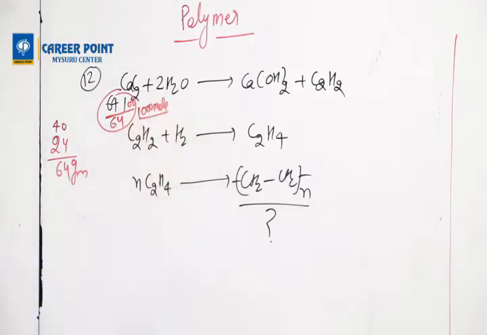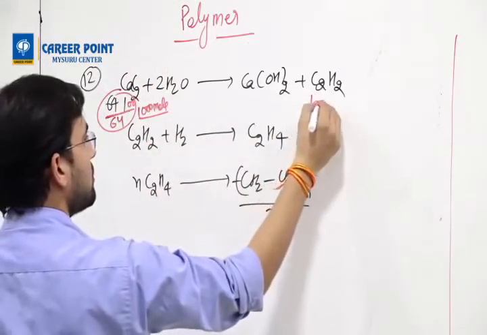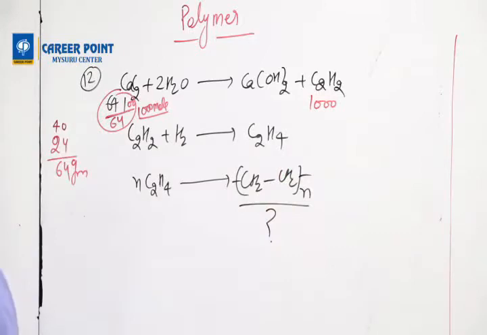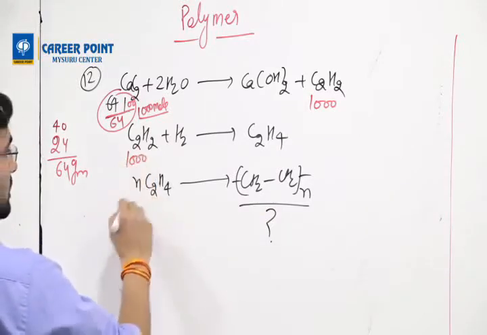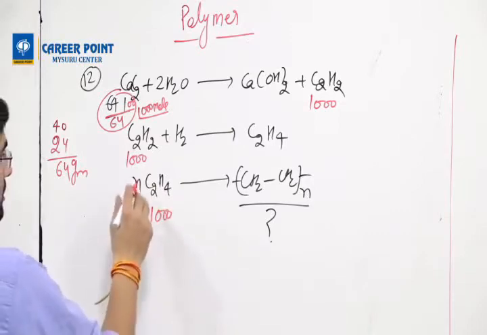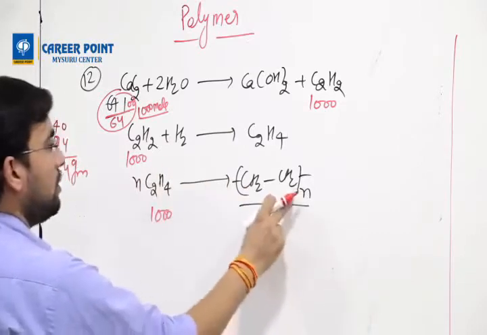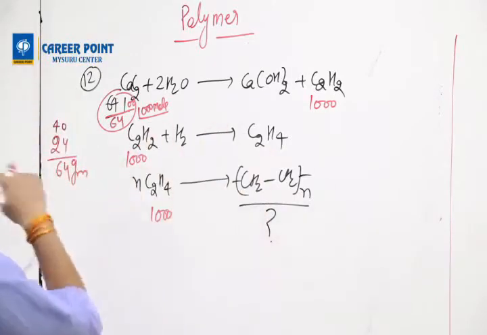Understand this point? So when I have 1000 moles of CaC2, I get 1000 moles of this also. Then this is 1000 moles. N moles gives you 1 mole.